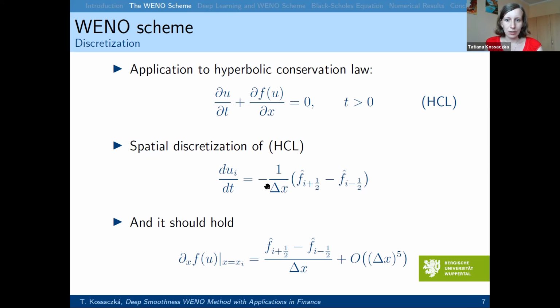And as I said, this is a higher order method, so it should hold that this derivative is approximated to high order, namely to the fifth order. And how is it made?